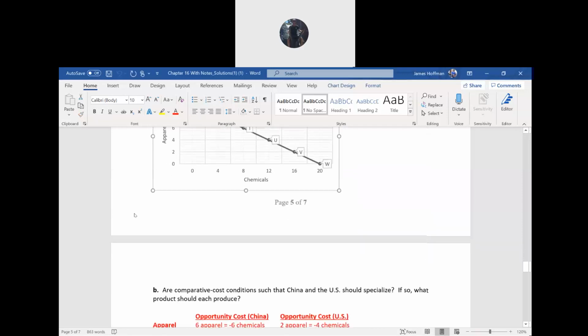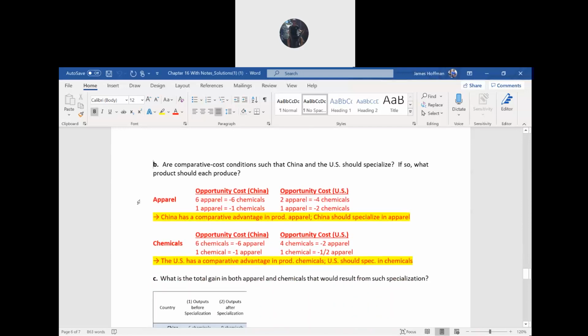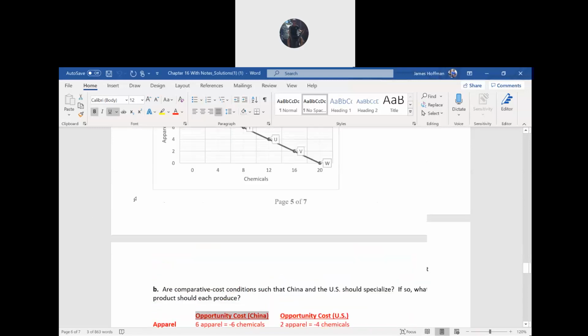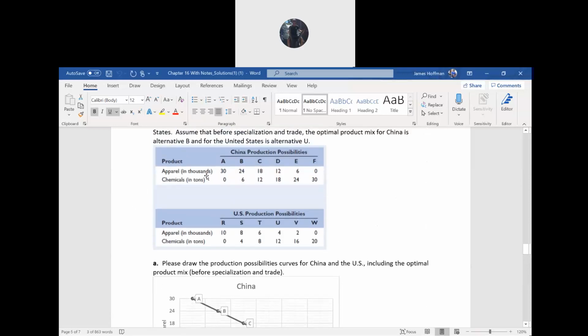All right, so I think we got that. Now, part B is to determine the opportunity costs and the conditions at which both countries should specialize. So first look at apparel. Every time China produces six apparel, they give up six chemicals.